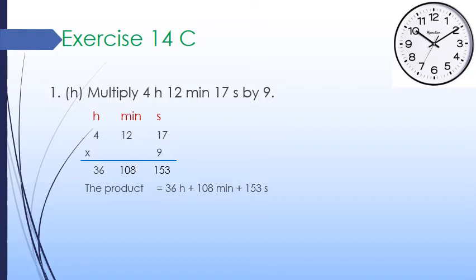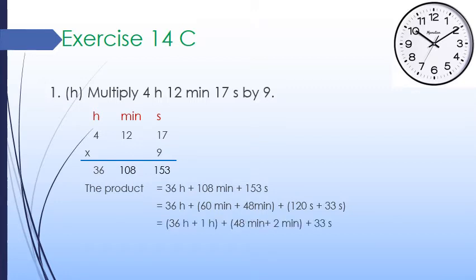Now we will do the regrouping of minutes and seconds. So 36 hour plus 108 minute is equal to 60 minutes plus 48 minutes, and 153 seconds is equal to 120 seconds plus 33 seconds, right?